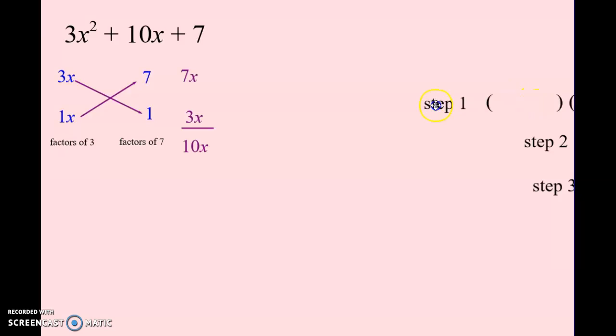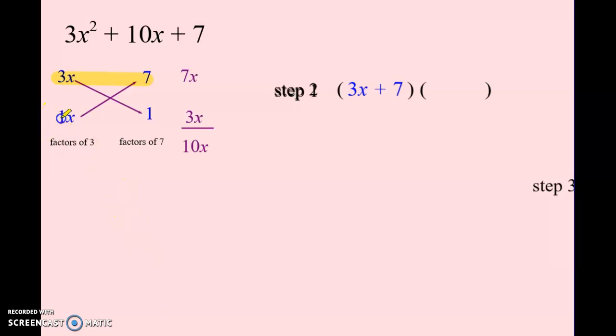So step 1 is still the same. I draw my two parentheses. But now what I'm going to be doing is I'm going to go across, and that becomes my first term. So my first term is 3x plus 7, and I put that right inside the parenthesis.